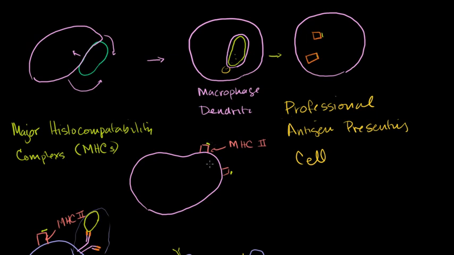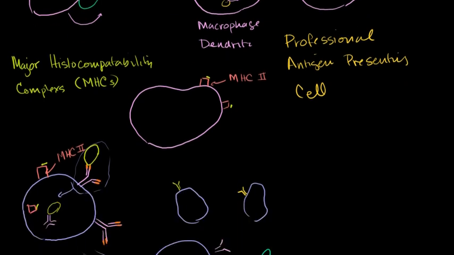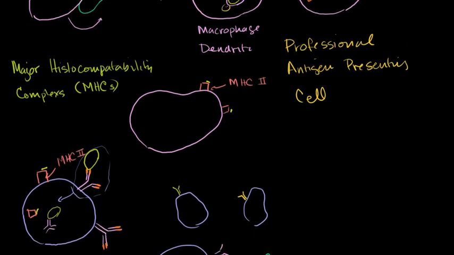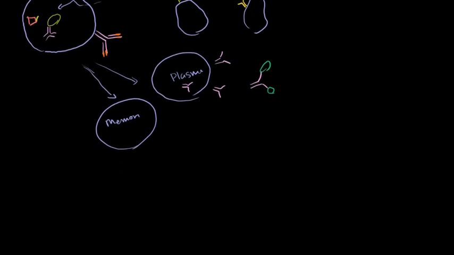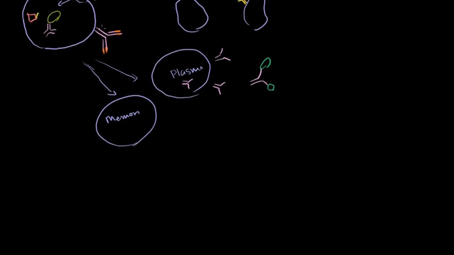It's professional because it does this. It takes pathogens from outside of our cells, in the fluid of our system, and then engulfs them, breaks them up, and then presents them. Now, there are also non-professional antigen presenting cells, and in fact, most cells are this.